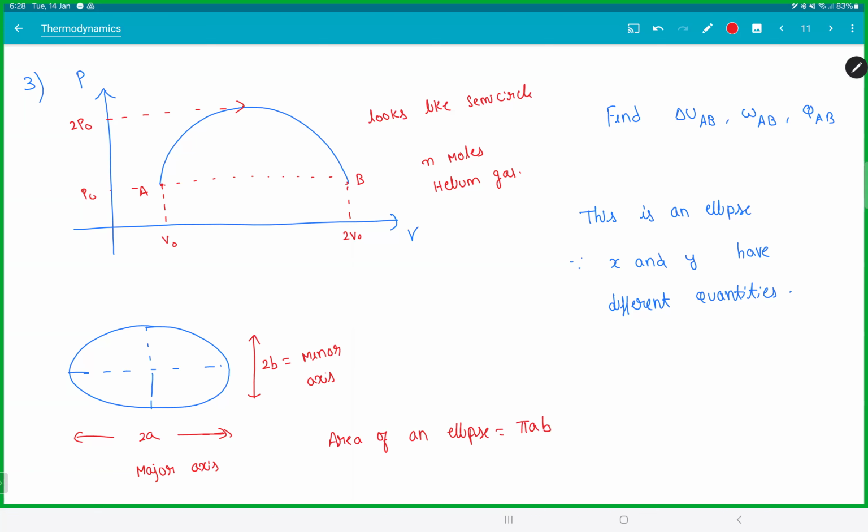There, this information you need. Now find it. In the exam, they won't tell you area of an ellipse is pi ab. By then maximum you would have done already. But I'm showing you. So find delta U AB, work done from A to B and Q AB. Yeah, delta U is the easiest one.